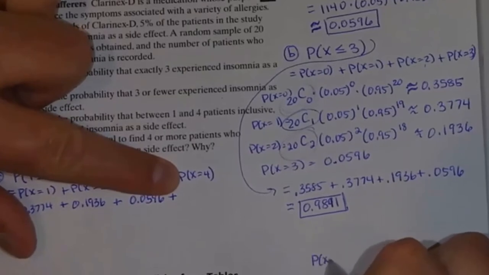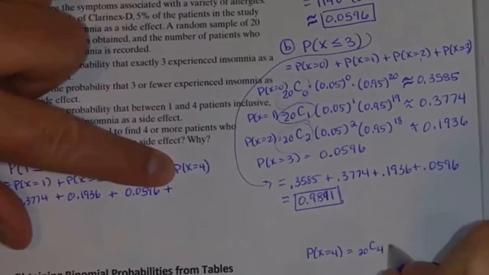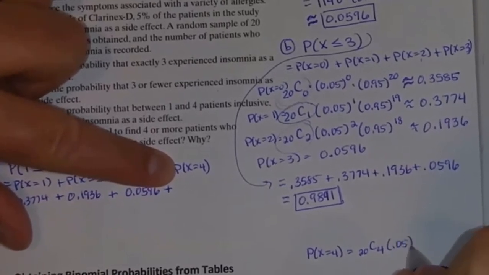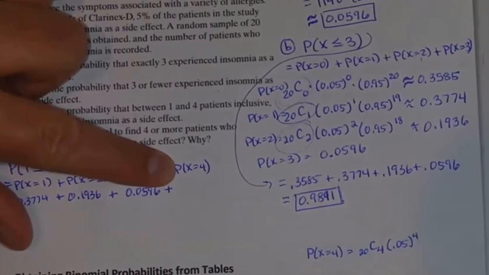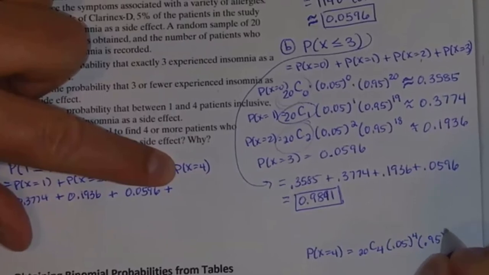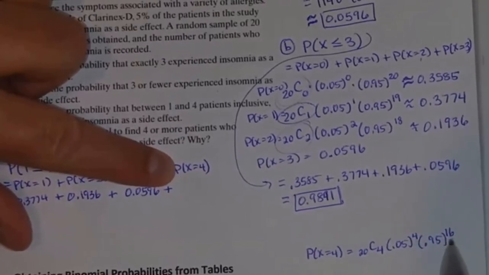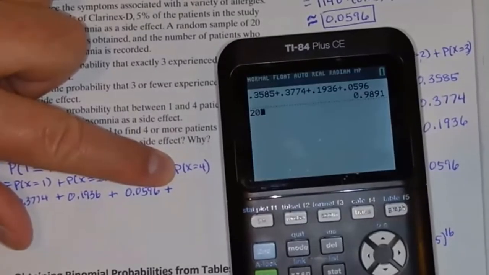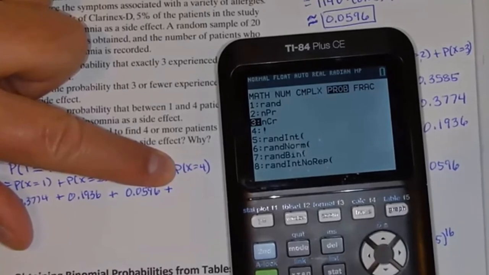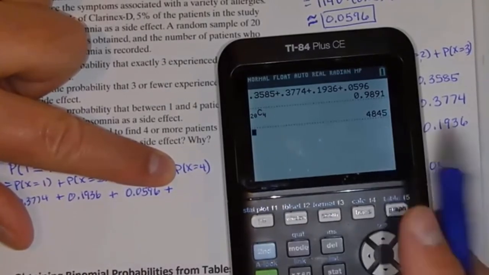The probability of x equals 4 would be the combination of 20 choose 4. And then 0.05 would get raised to the 4 because there's 4 successes, which means 0.95 would get raised to the 16 because there's 16 failures. If there's 4 successes, there have to be 16 failures. Combination of 20 choose 4 is 4,845.